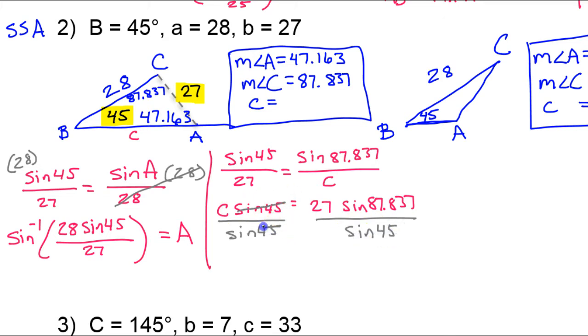Okay, so these are going to cancel out, so that'll give me C. So just put all of this in your calculator at once. I'm going to do that off camera. I got 38.157.